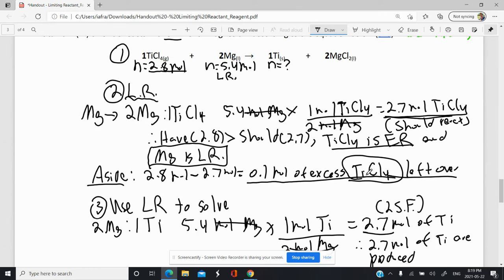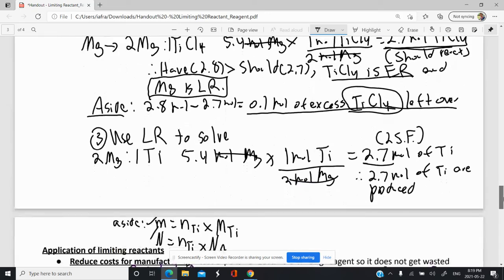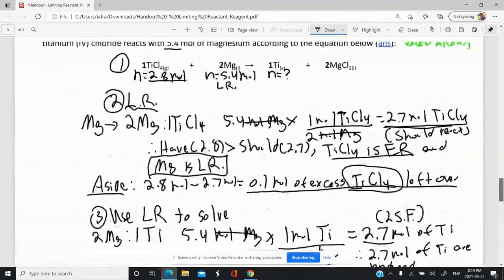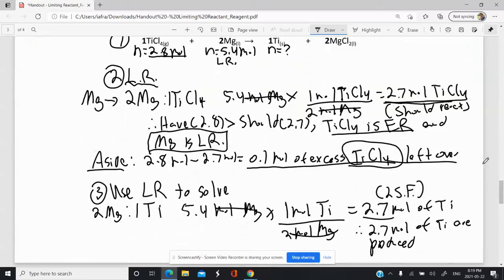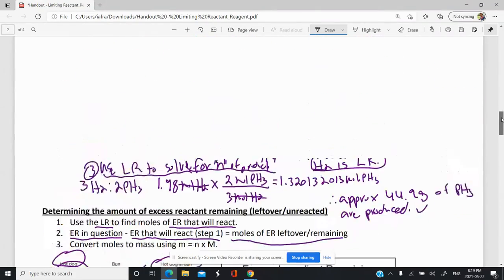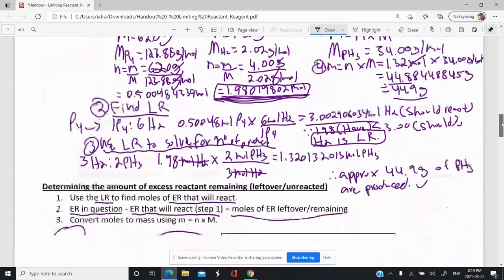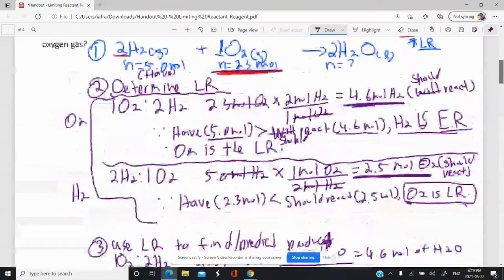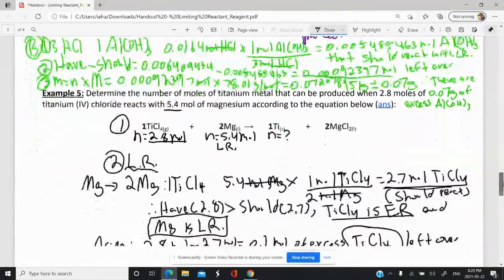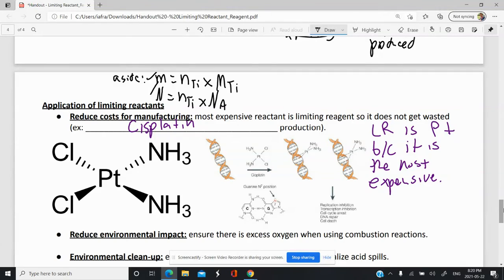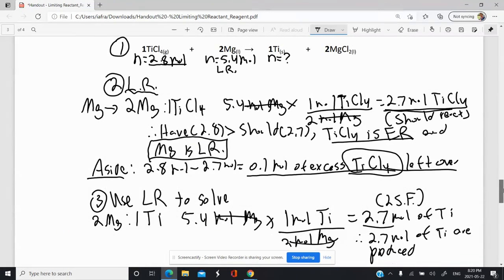And you could always be asked to find leftover limiting or excess reactant as well. So you can get some more practice just by doing that in your other problems. If you go back to previous problems that we've done, you can find what the excess reactant was and try to figure out what is left over from that. You can essentially do all of your practice and skills within the note sheets that you're given by just adding your own extension questions to them and trying them out.